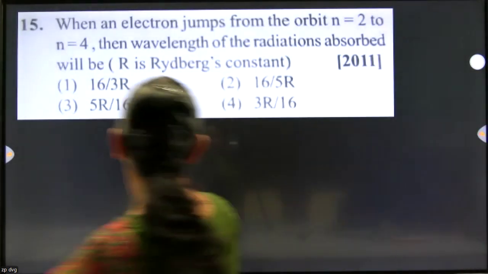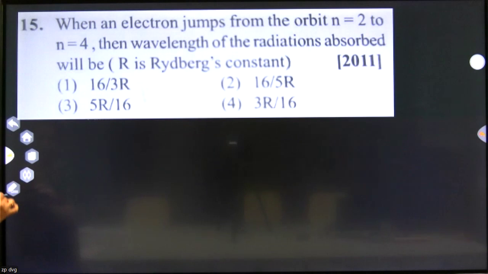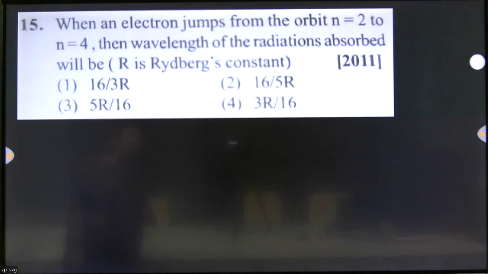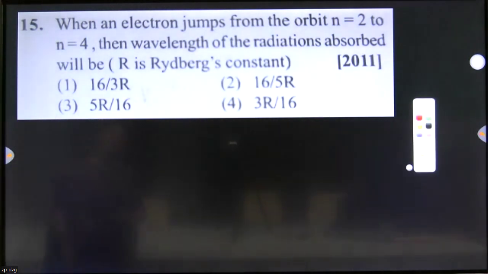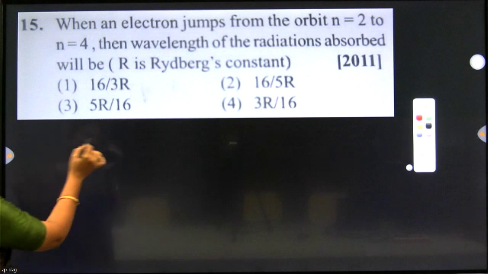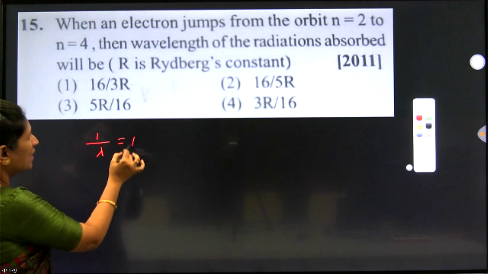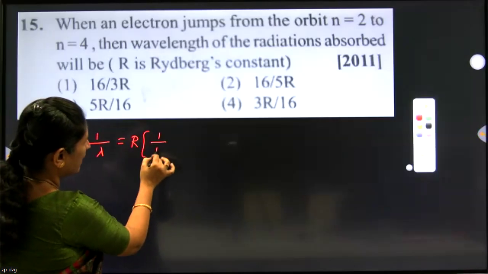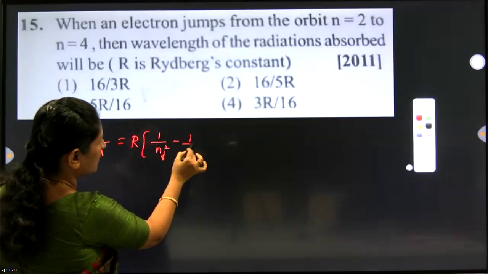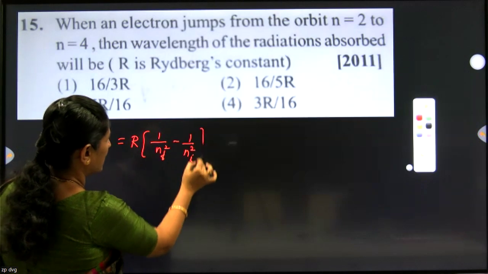When an electron jumps from orbit n equal to 2 to n equal to 4, what will be the wavelength of the radiation absorbed? Again, we know Rydberg's formula: 1 by lambda is equal to R into 1 by nf square minus 1 by ni square.